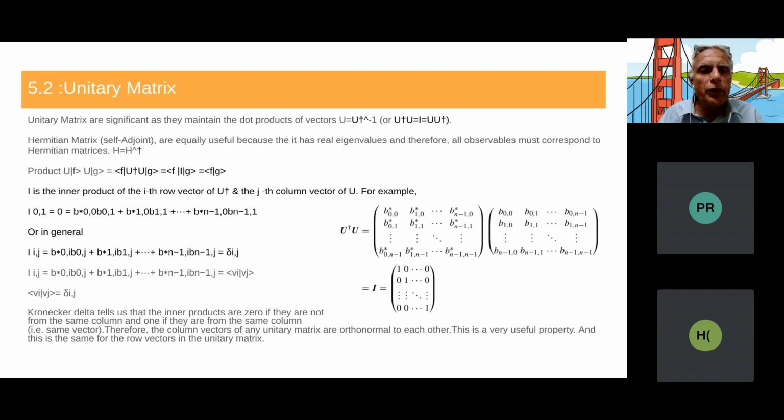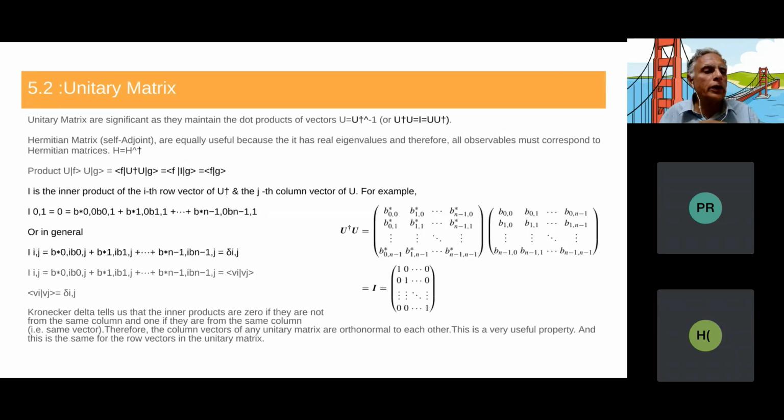The only thing we remember on this is that if you have a unitary matrix, the complex conjugate transpose of it is equal to the inverse of the matrix, or the other way around, U dagger U equals the identity matrix. You can see both ways it is the same, because these Ket-Bra spaces are complex conjugates of themselves.